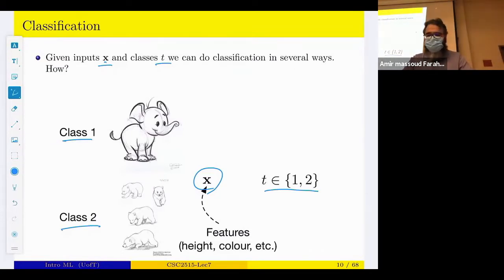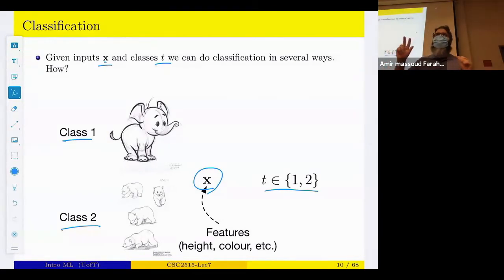Support vector machines. Okay, support vector machine, AdaBoost. We can use neural networks. All of these methods, and there are others here, logistic regression, decision trees, KNN, all of them basically define a mapping from input X to T.